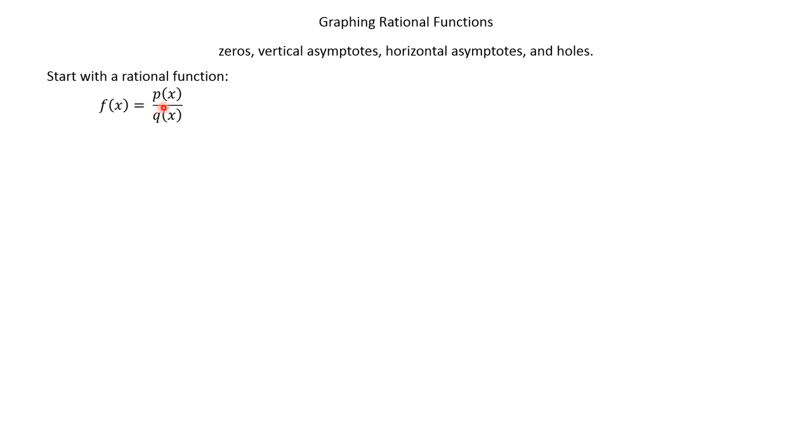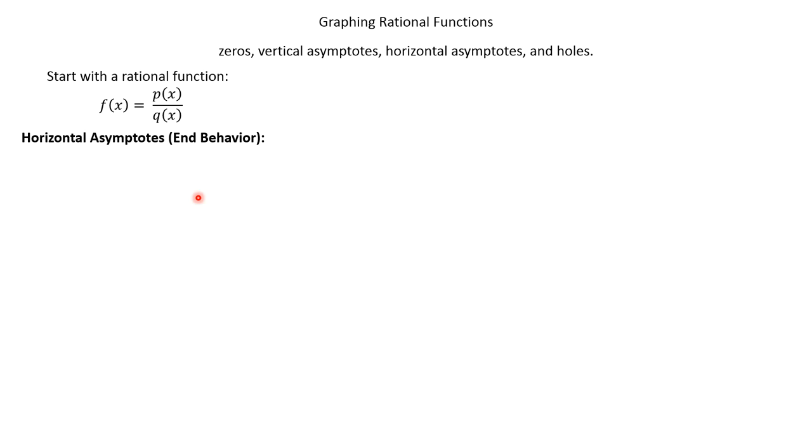So we're going to start with our rational function. It's just a polynomial divided by a polynomial. The first thing we're going to look at is the horizontal asymptotes, which is what the end behavior is. No, I don't have a dance for this one, sorry, but it's the end behavior.